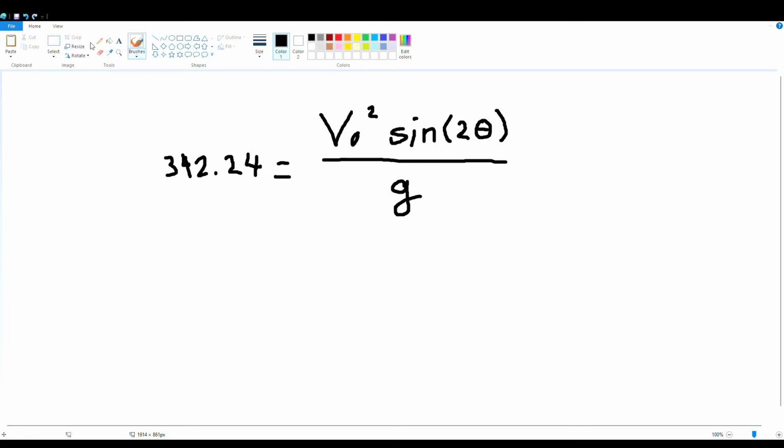And gravity, which we got as 5.3125, and the initial velocity of the bullet, which I found online, turned out to be 500 meters per second. So we'll replace that with 500.